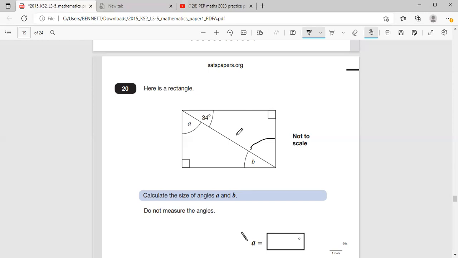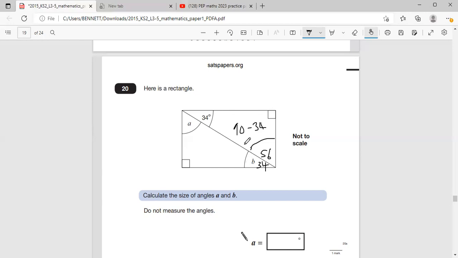So it would be 90 minus 34. 4 minus that, that's 6. 3 from 8, that would leave 5. So that's 56. So yes, this and this equal 90. So this will be 34. If you guys have not been exposed to alternate angles, it's a Z angle.